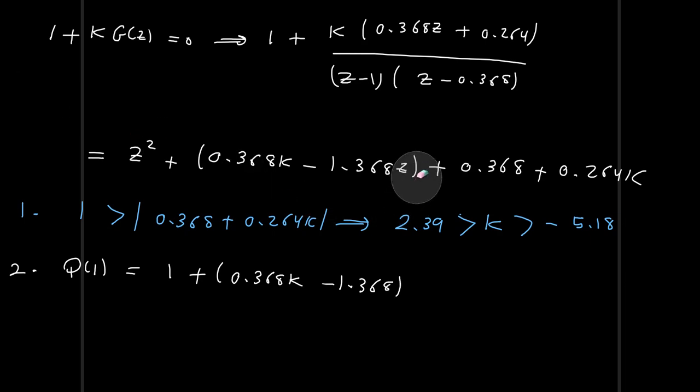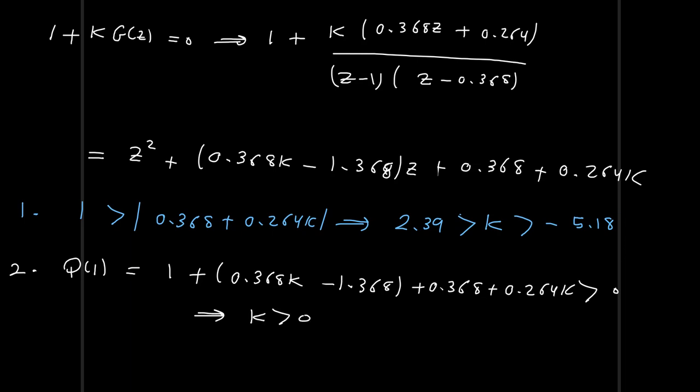Let me fix this one, z here is multiplied by it all, sorry for that. And we have here plus 0.368 plus 0.264k. So this must be greater than 0. So from here, this implies that k must be greater than 0.